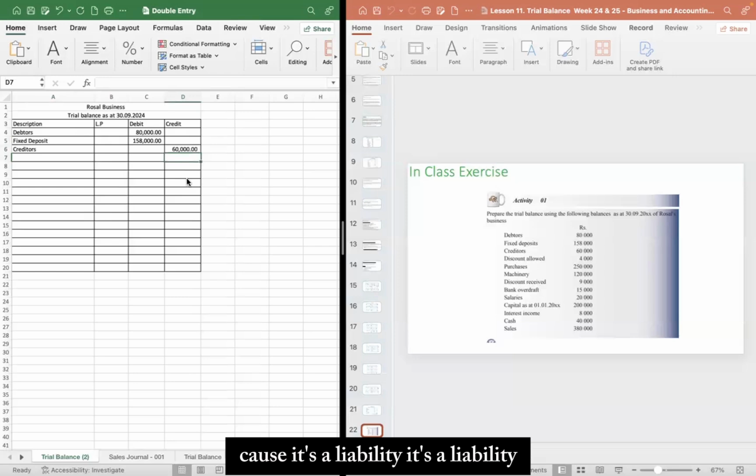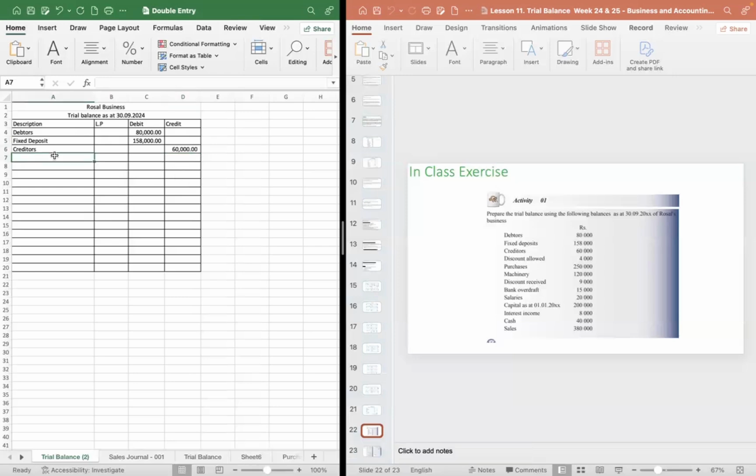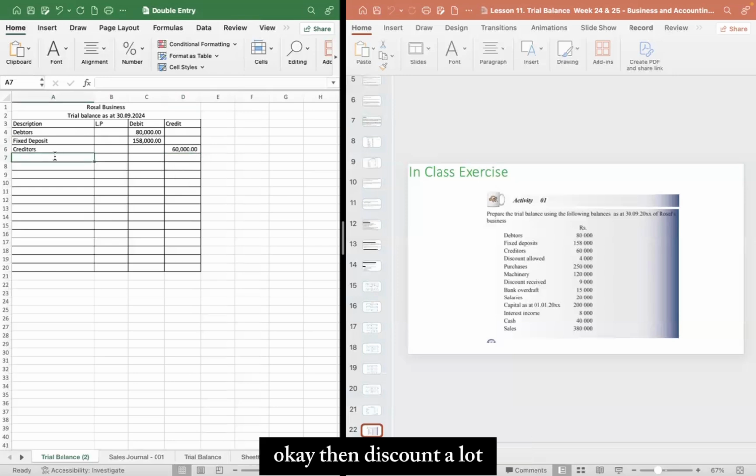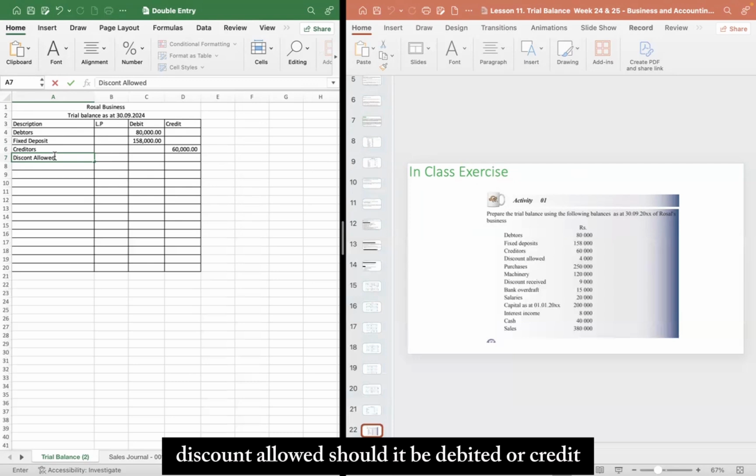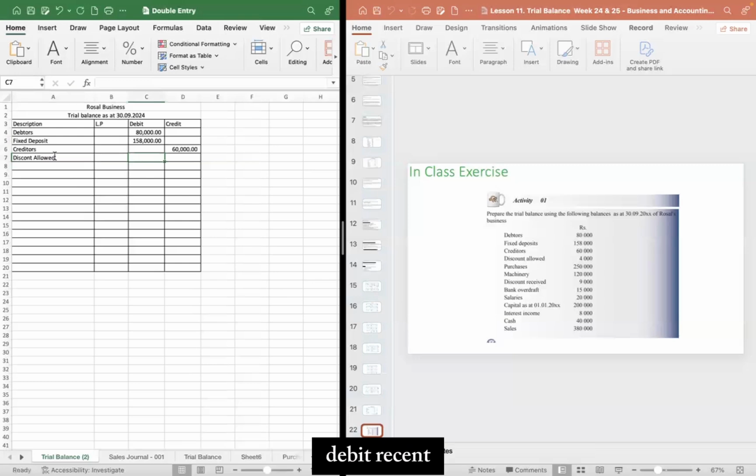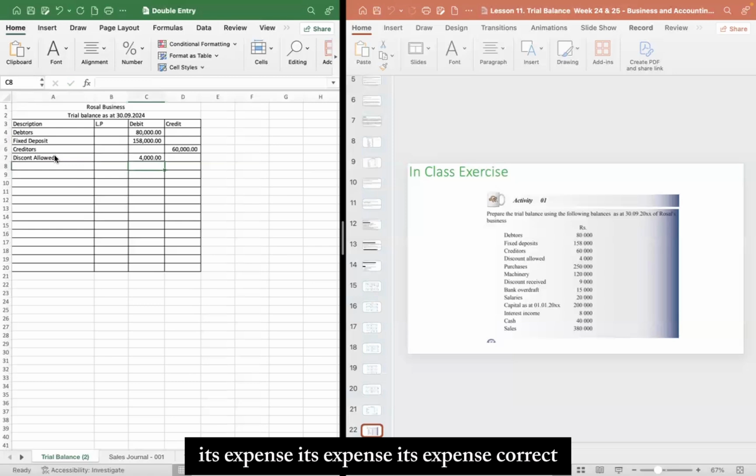It's a liability. Okay, then discounts allowed. Should it be debited or credited? Debit. Reason? It's an expense. Correct.